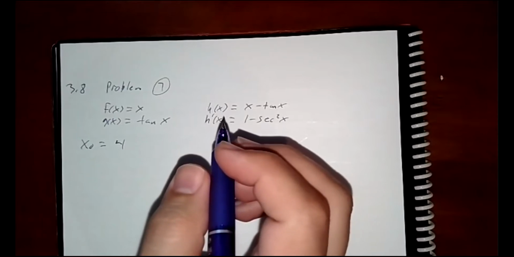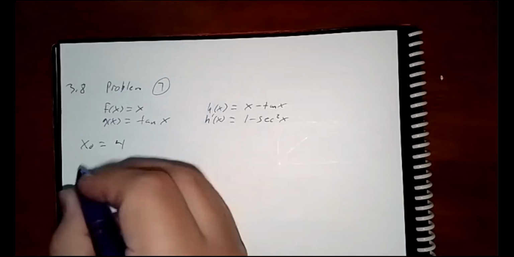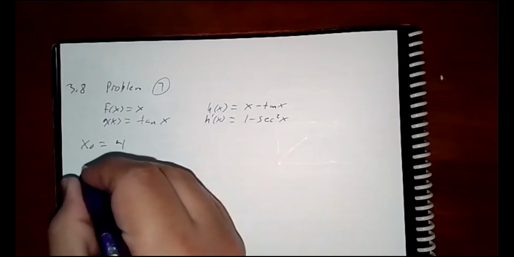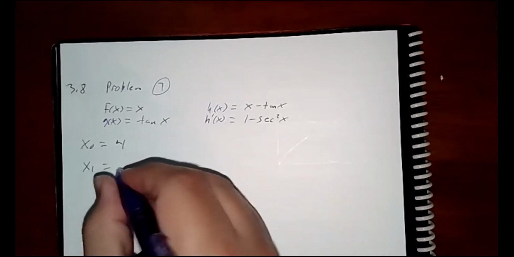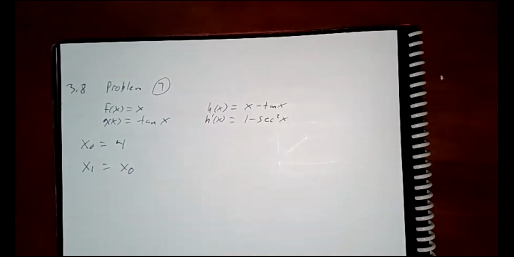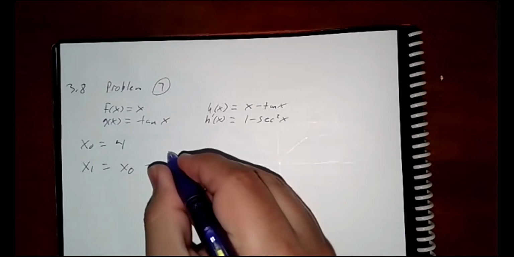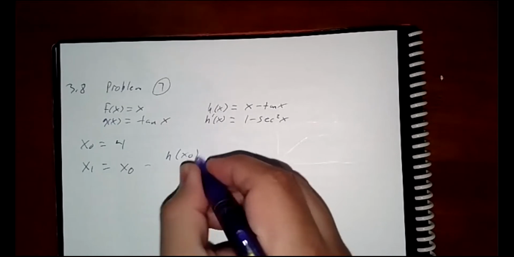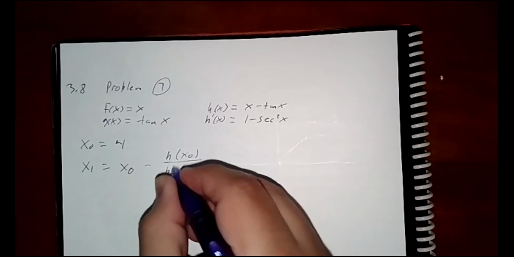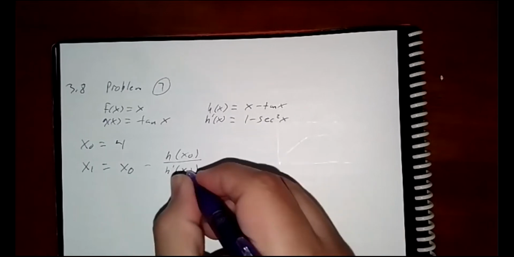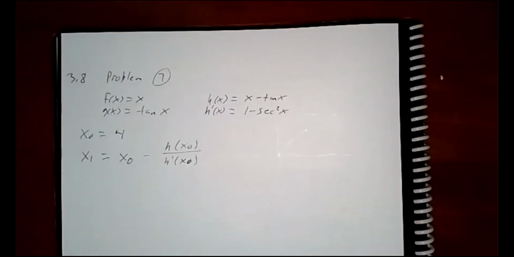So we know the formula. And we said that to find the next one, we need the first one, minus the function at the first one over the derivative at the first one, or the previous if you prefer.